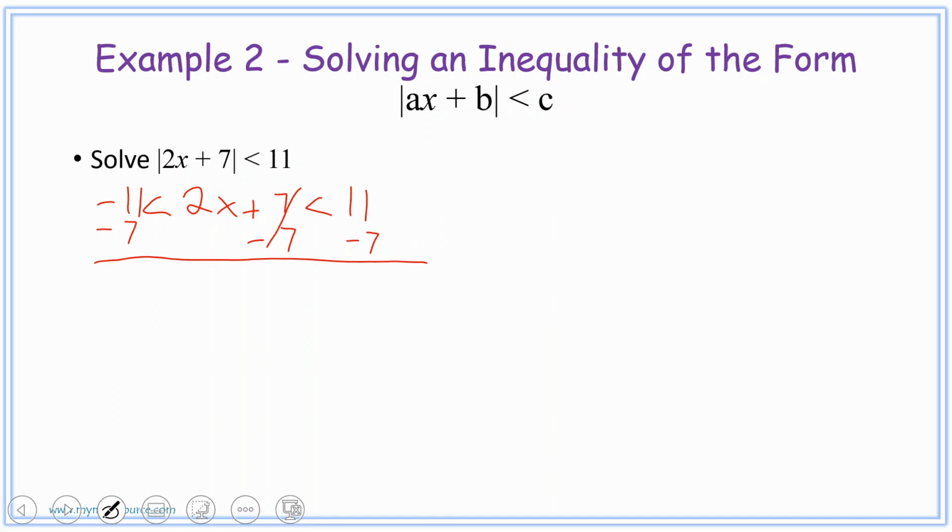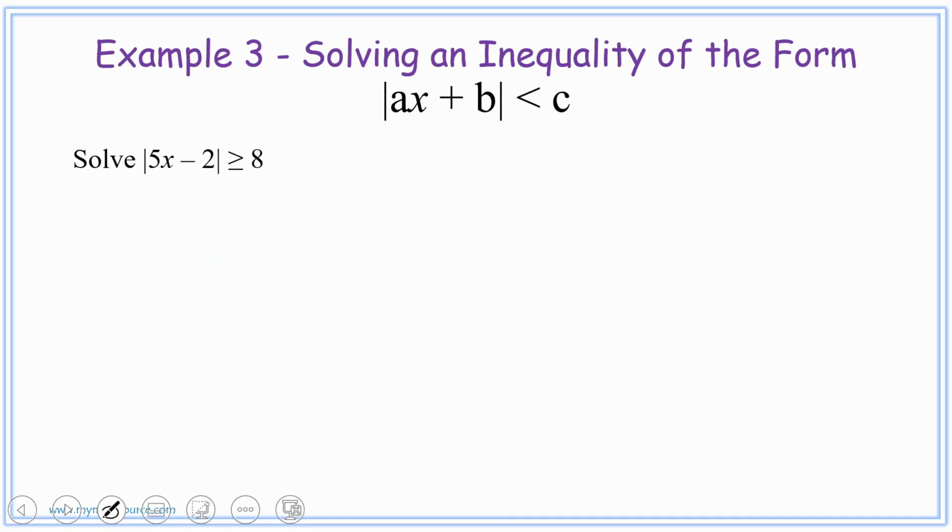The 7's cancel, and negative 11 subtract 7 is negative 18, less than 2x less than 11 subtract 7, which gives us 4. Then we divide all the sides by 2, and we get negative 9 is less than x less than 2.